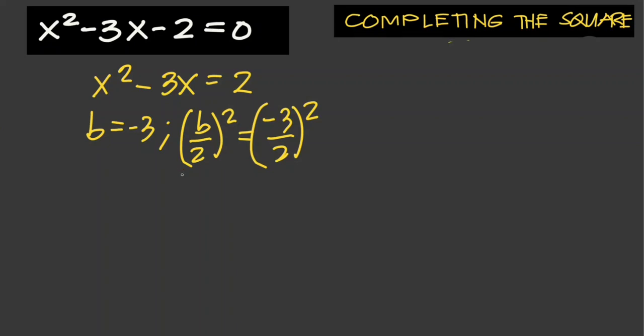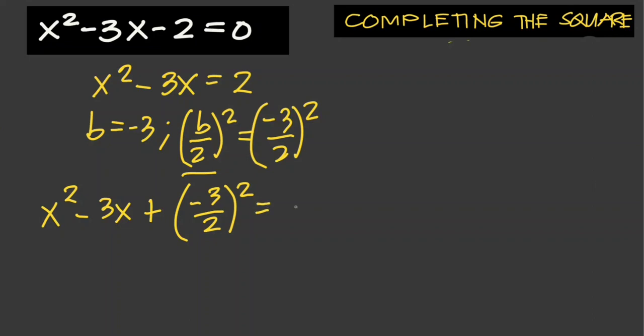So we can add b over 2 squared to both sides of the equation. So x squared minus 3x plus negative 3 halves squared is equal to 2 plus negative 3 halves squared.